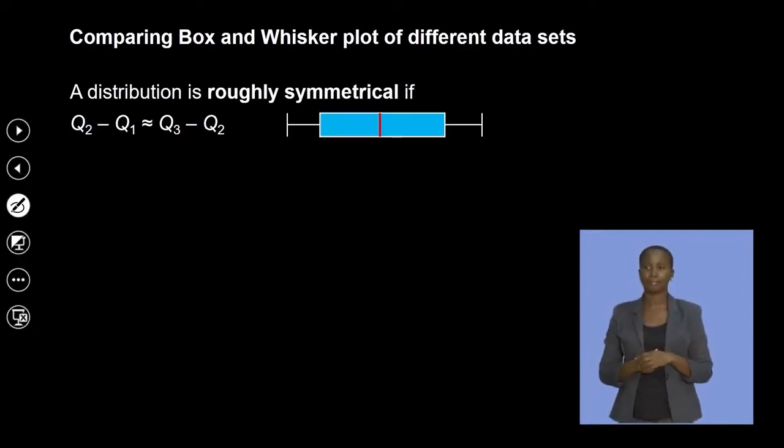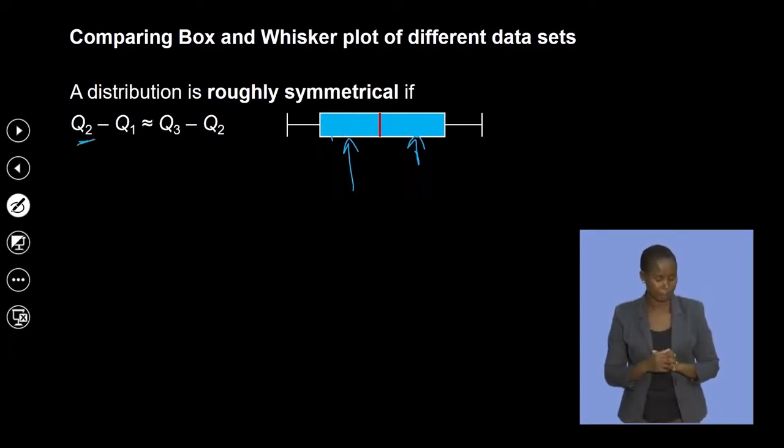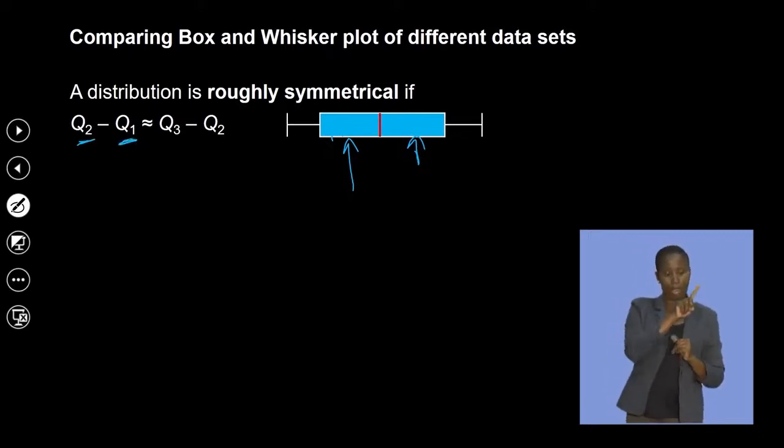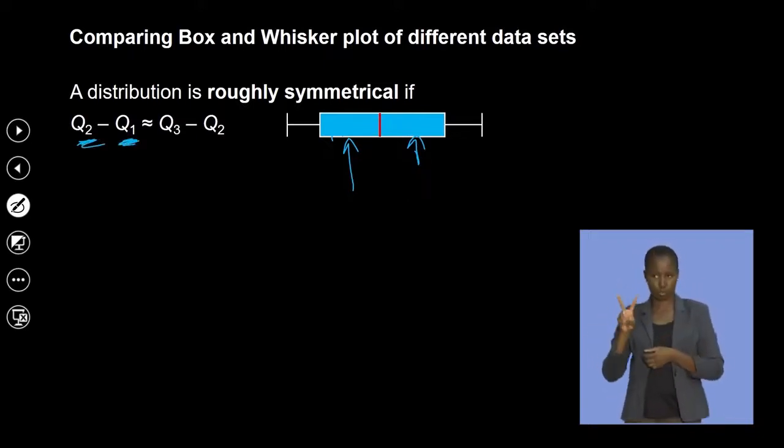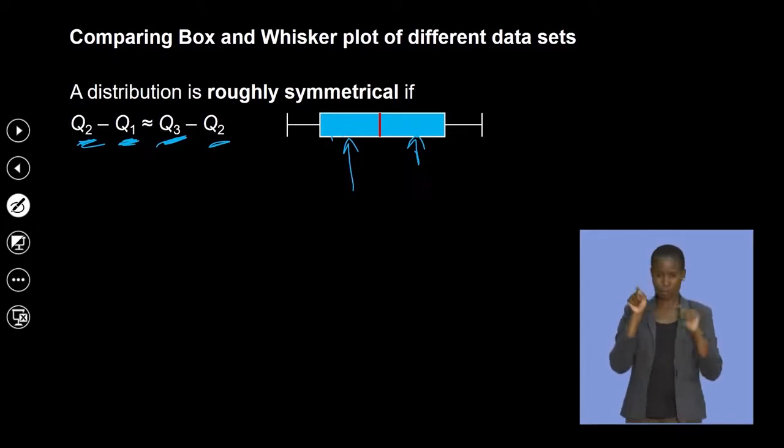We can see this plot is symmetric: this area is the same as that area. Can you see that? If Q2 minus Q1 is approximately Q3 minus Q2, your distribution is symmetric. Or you can see it by looking at the plot, given that it's drawn to scale.